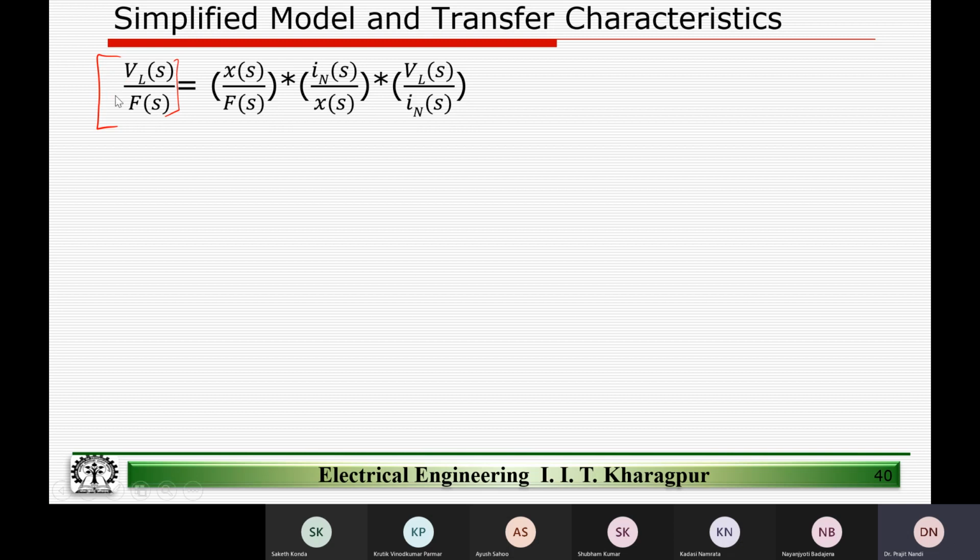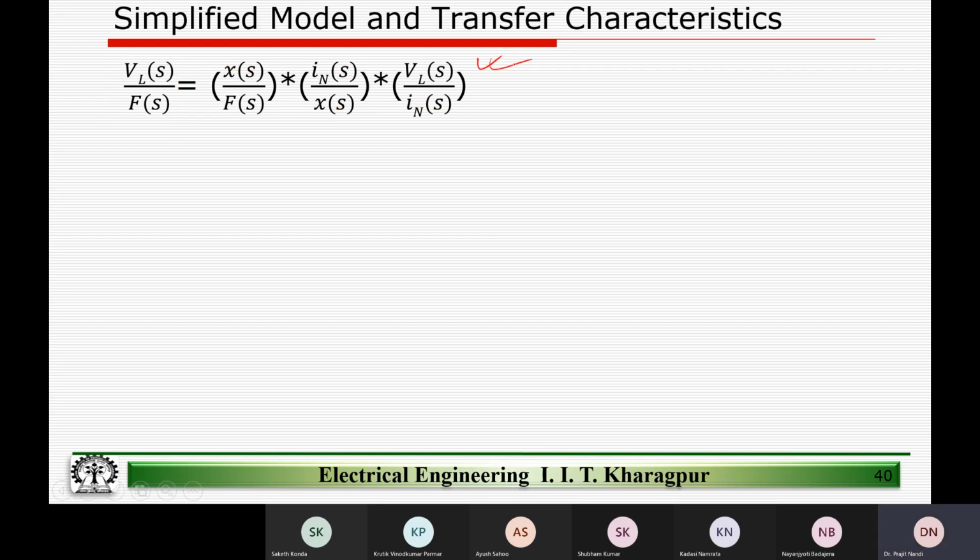I'm rewriting this as XS by FS, where XS is the deformation of the crystal and FS is the force, multiplied by IN, which is the equivalent model we have derived, by XS, multiplied by VL by IN. So IN and IN get cancelled, XS and XS get cancelled. So VL by FS can be written as whatever I have written, right?